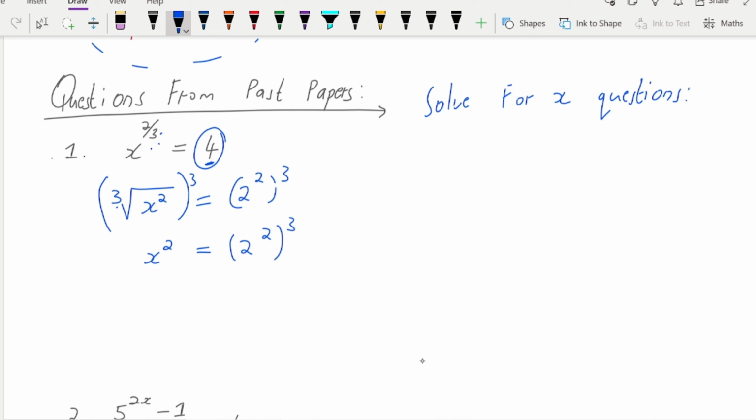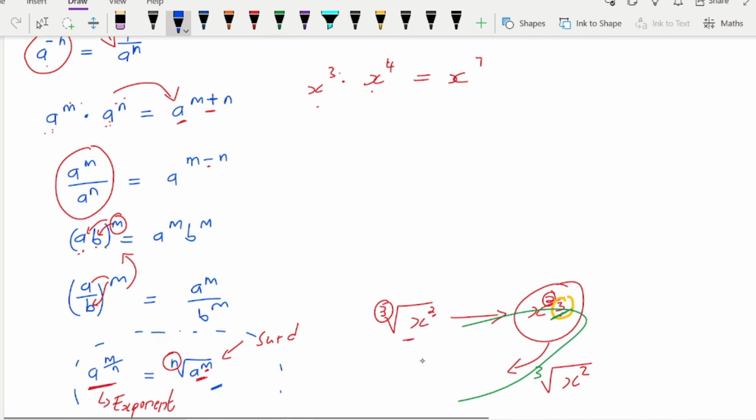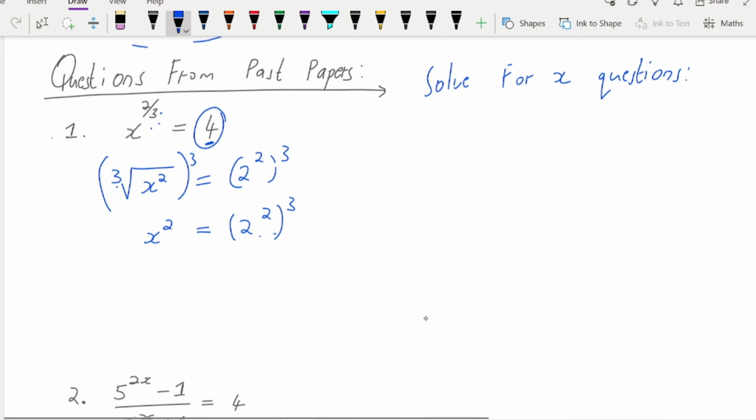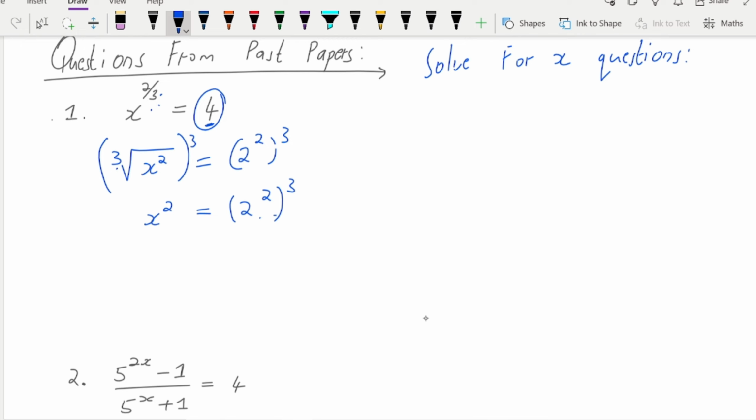For this one, we can simplify this further using this rule, whereby we distribute the exponent to all of the factors. This one is going to be easier because we only have one. So from here, the last thing you can do is to square root both sides.